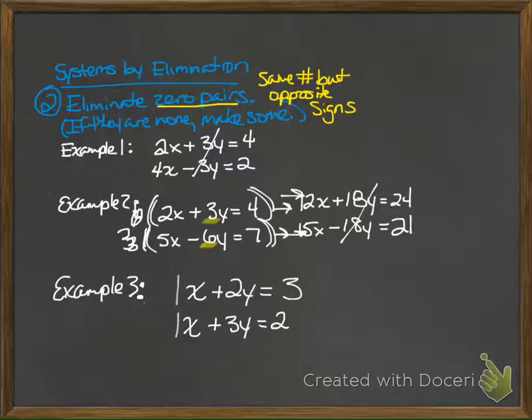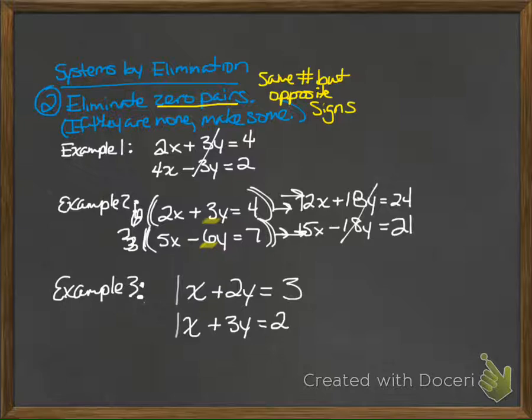So once again, we do not have the ideal situation to make a zero pair. Our x terms are the same numbers, but not opposite signs, and our y terms are not the same numbers or opposite signs. So when you're eliminating, look for the terms that are at least halfway there.